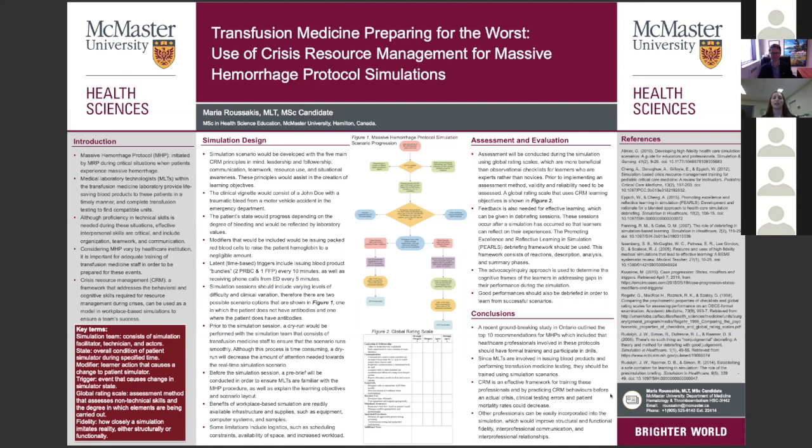The patient's state would progress, and different modifiers would be included, and these are learner actions that would cause a change in the simulator, as well as triggers, which are events that cause a change in the simulator, would also be instituted throughout the simulation.